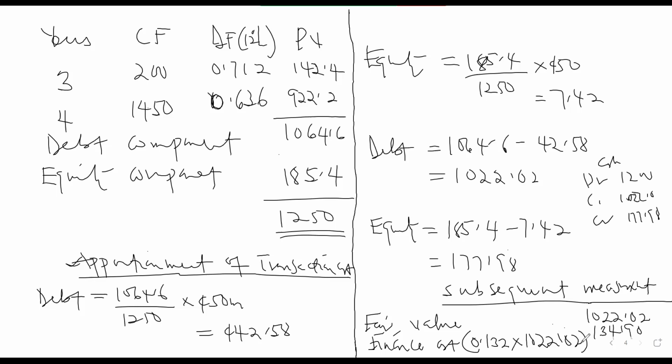134.9. Would there be any coupon payment for 2021? 9 months. Would there be any coupon payment for year one? No. So you just add the two. That will give you the liability at the end. So let's add. What are we getting at the end?